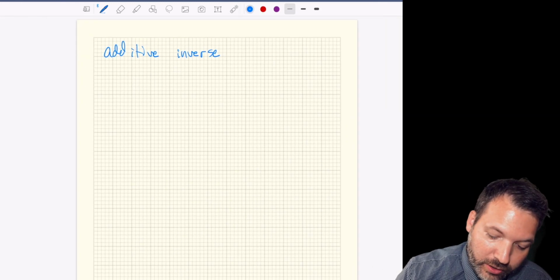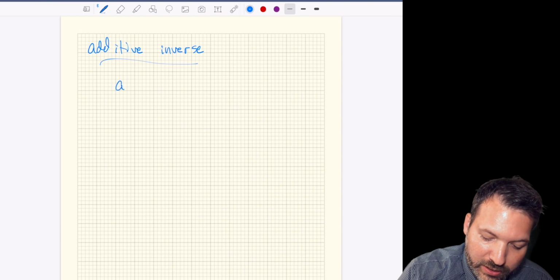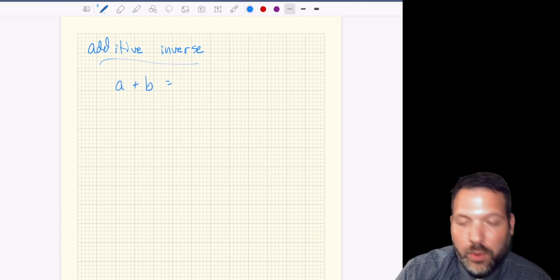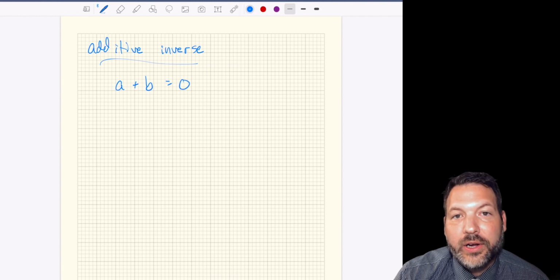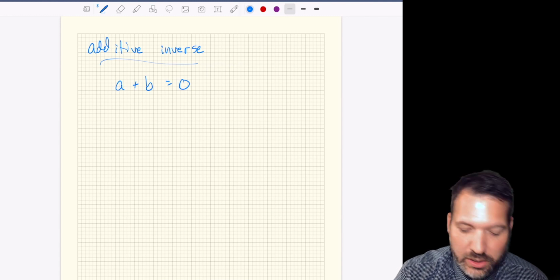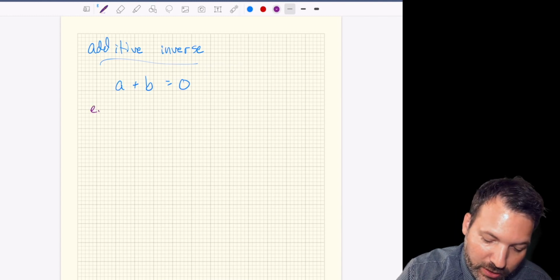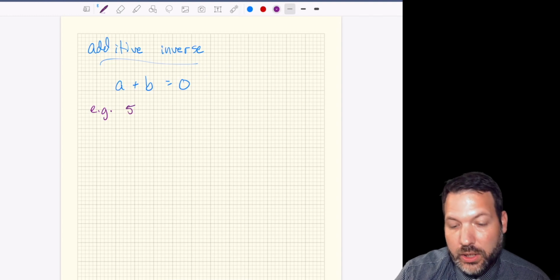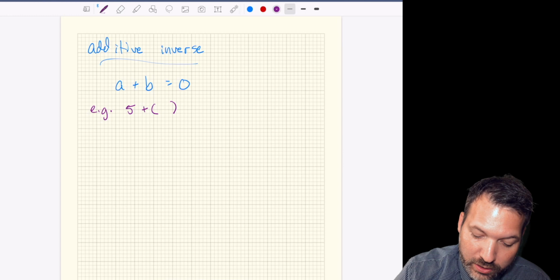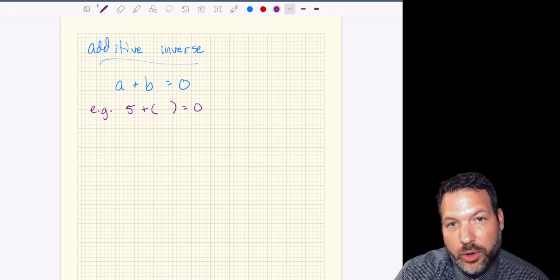So if I start with some a plus b, and I want a and b to be inverses, what I really mean is that when I add them together, they're going to take me back to the additive identity element of 0. Well, what kinds of numbers does this work for? If you wanted an actual example, we could imagine, say, like we did on the previous page, 5 and what, when I add them together, make 0.